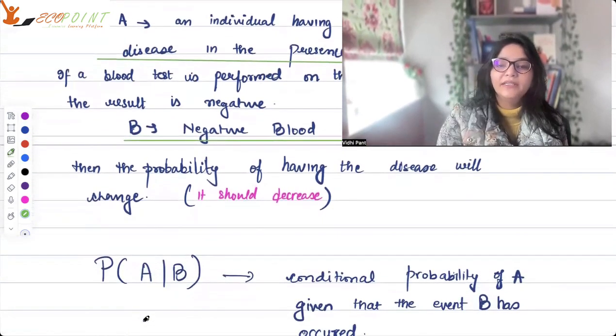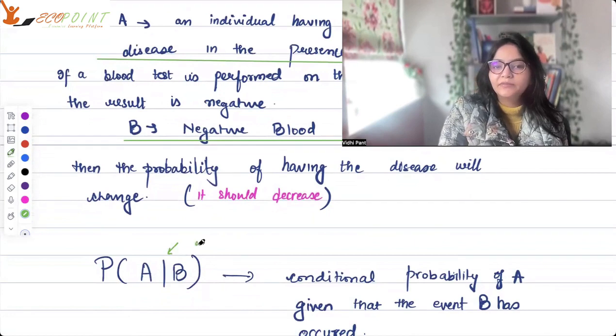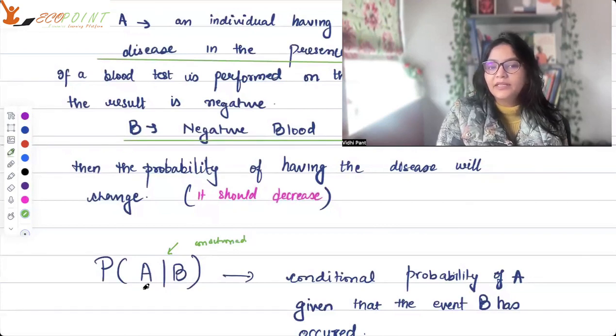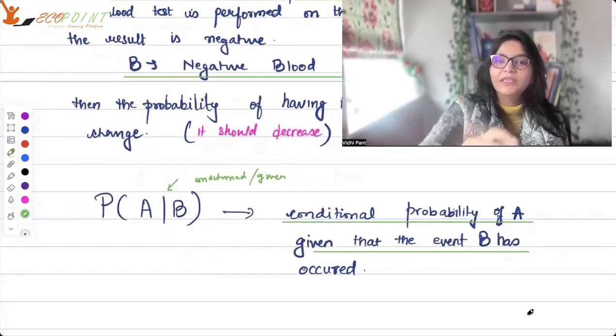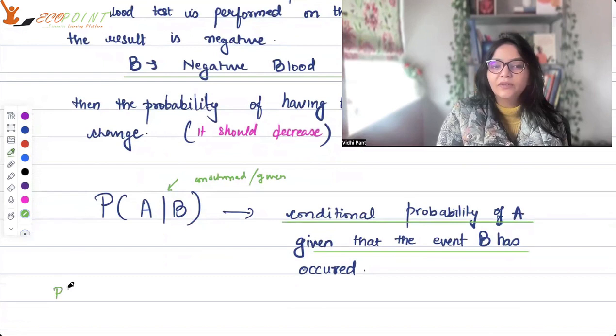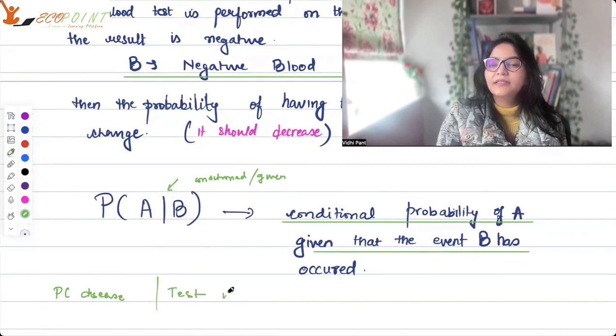So probability A conditioned to B is written like this: probability A given B. It's the conditional probability of A given that the event B has occurred. In this question, this will turn into probability of having the disease given test is negative.